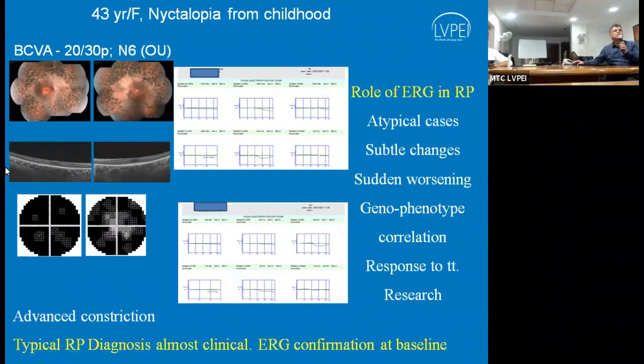Looking at this picture, you know that ERG is going to be extinguished. So maybe at baseline, for confirmation, one needs to do this ERG, but there is no need to repeat them at every visit unless one is doing research or there is a sudden change in visual behavior. Otherwise baseline is enough.